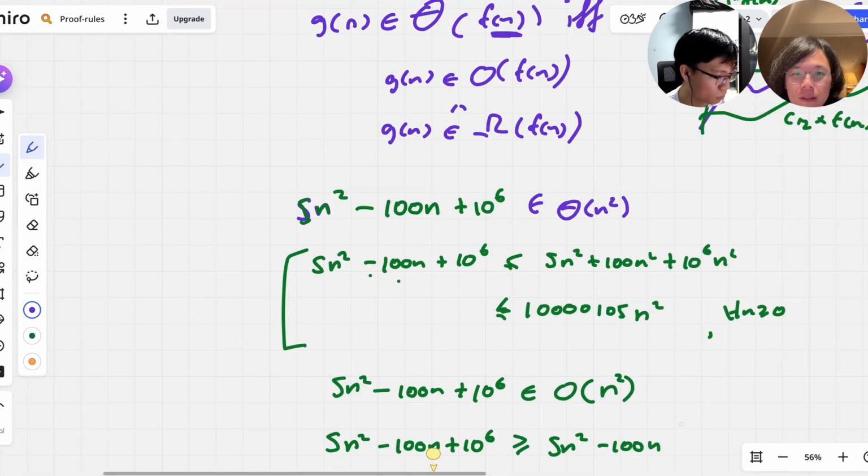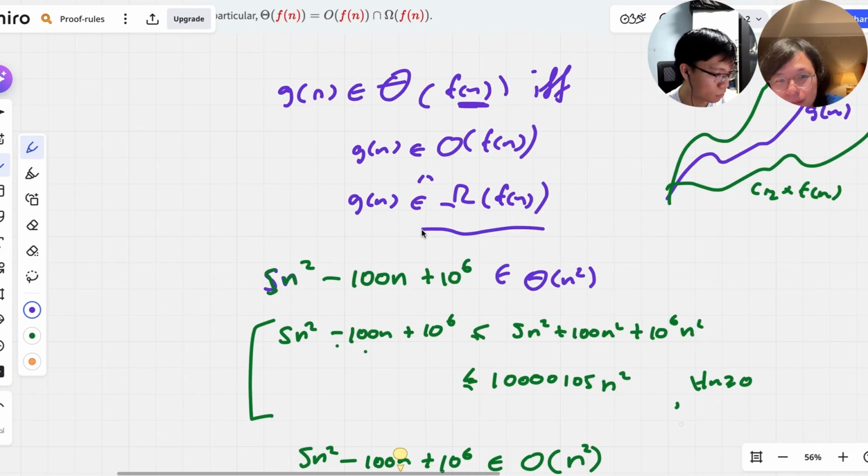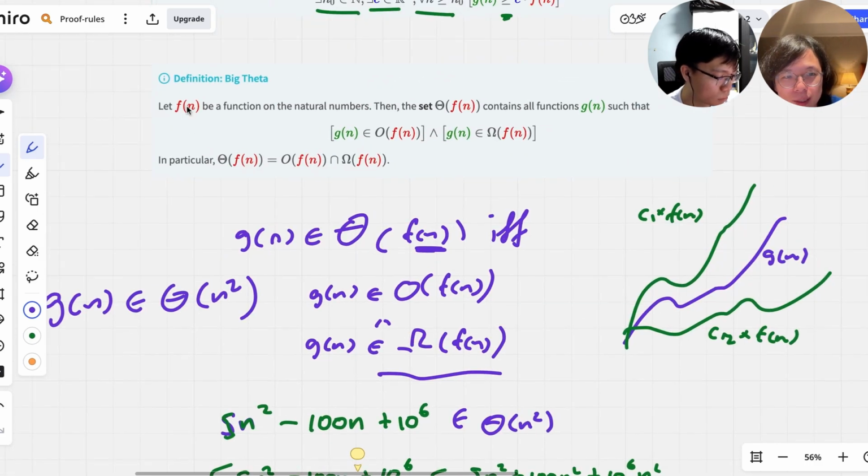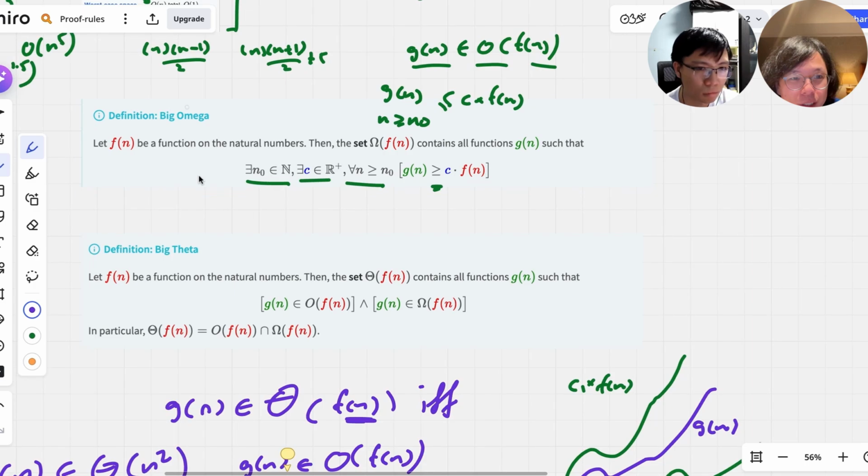So it's in omega of f(n). So because of that, we can now argue that g(n) is in theta of n squared. To round up, those are your three definitions: big O, big omega, and big theta.